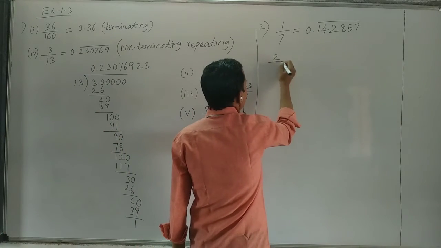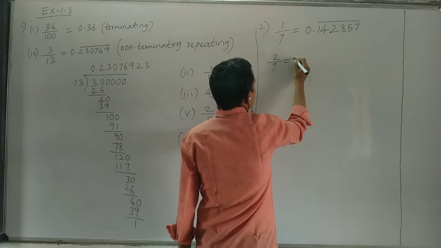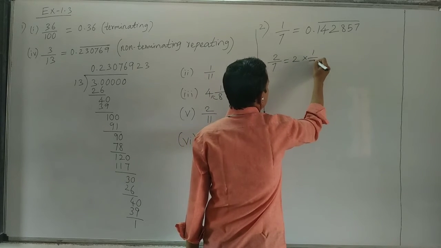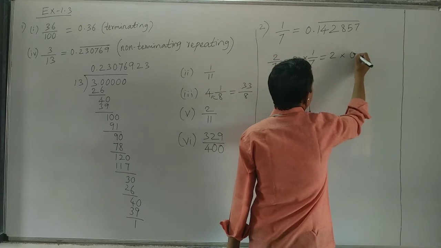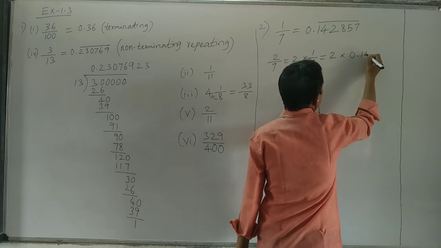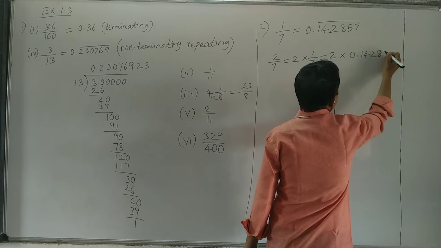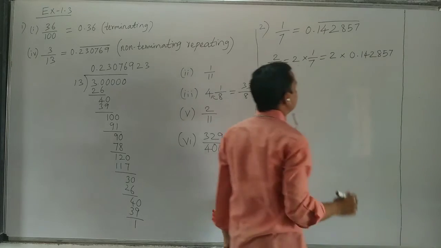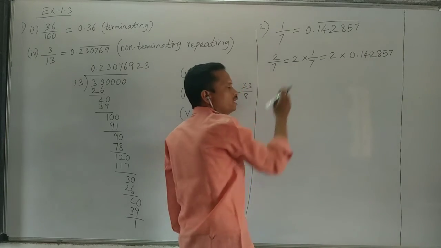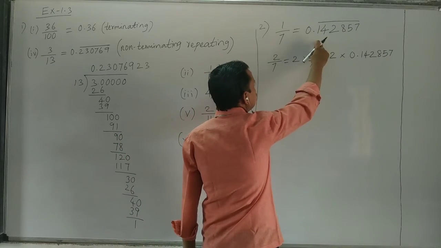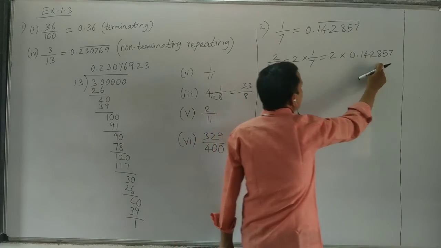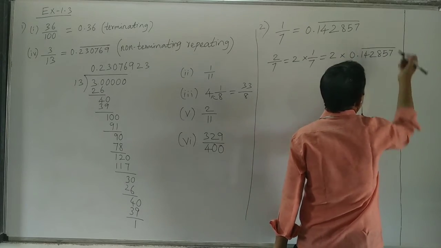So 2 by 7 we can write as 2 into 1 by 7, and 1 by 7 is given as 0.142857 bar.